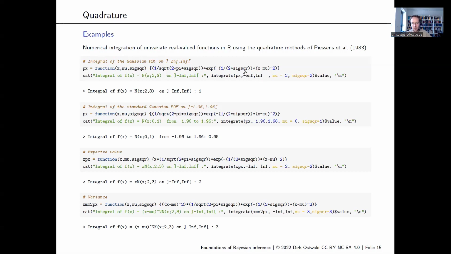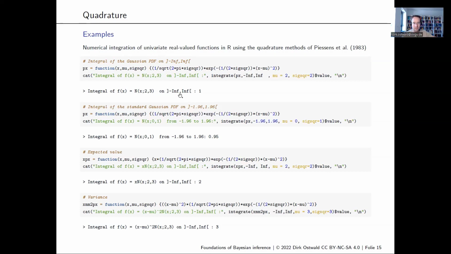And then you might have additional parameters of this function. What I'm doing here is computing the integral of the Gaussian PDF over the whole real line. I put in the function that I want to integrate. That's the Gaussian here.